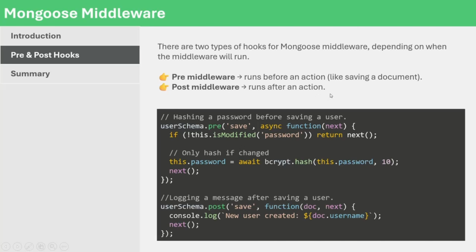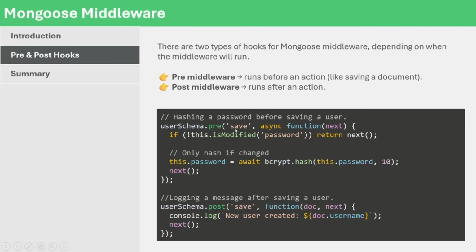Now, in order to create a pre-hook on the schema, here I'm taking an example of user schema. In our Express application, we have created a hotel schema, but here I'm taking an example of user schema. So basically, if we want to create a pre-hook, we can call the pre method on the schema. And to this pre method, we need to pass the operation, the event for which we want to execute some logic.